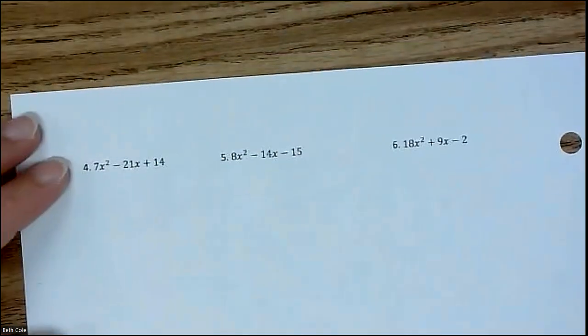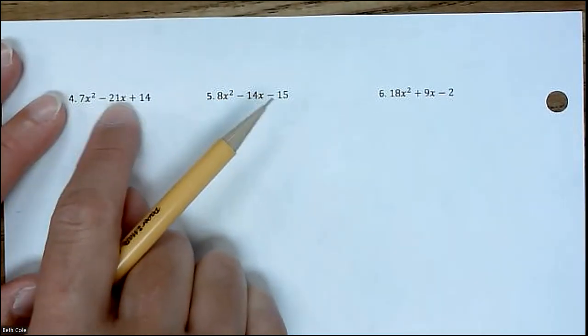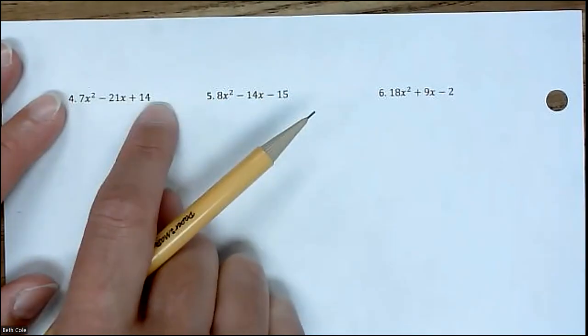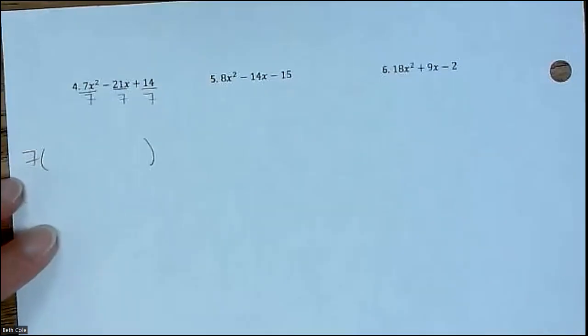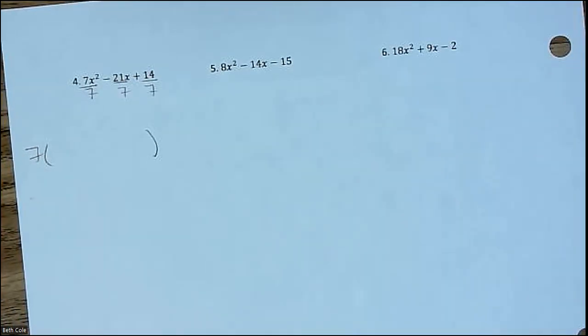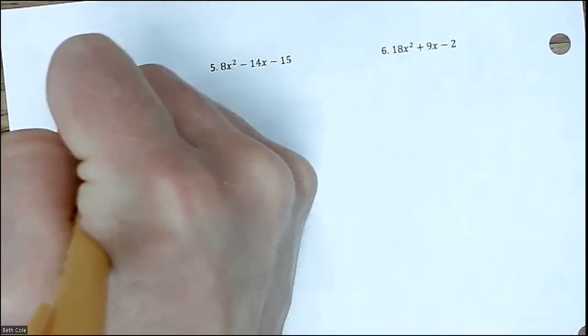All right, flip over. Do you see how this is a 7, a 21, and a 14? You have to be a good noticer. We're going to divide them all by 7 and take out a greatest common factor of 7. That's right. So when you divide by 7, you're left with x squared.